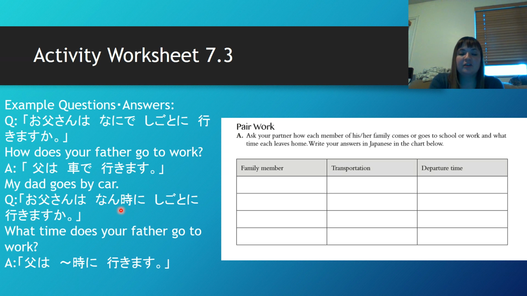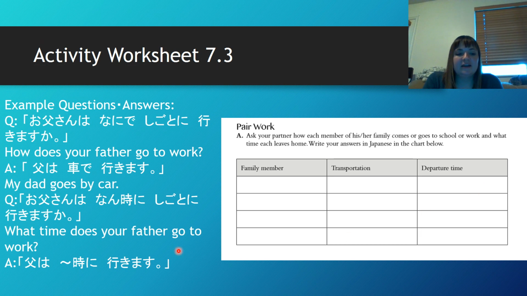Chichi wa, and you can go ahead and give the time. Say he goes to work at 8:30 a.m. You could say, chichi wa gozen 8時半に行きます. And of course, you would write 8時半 here in our departure time.